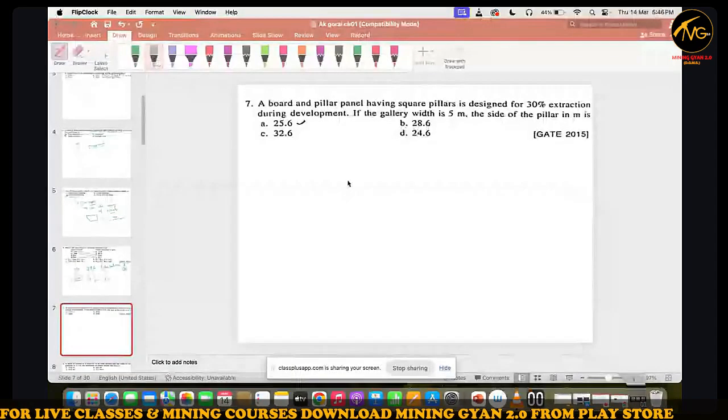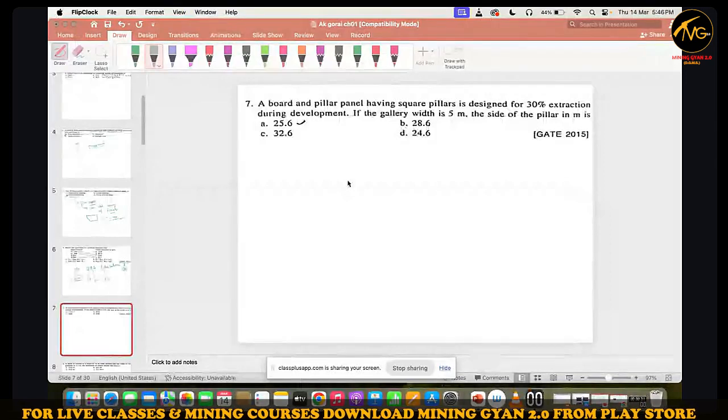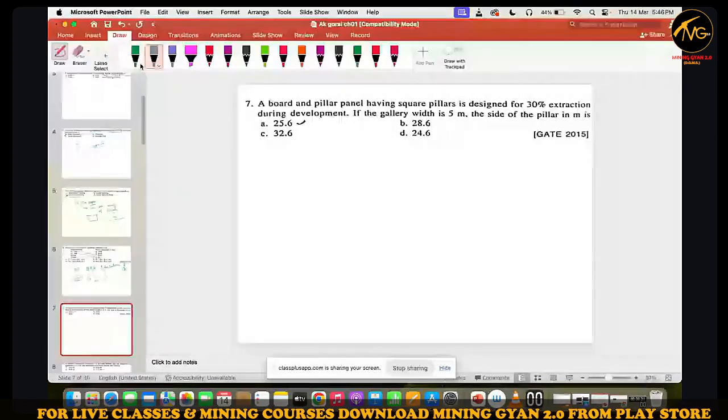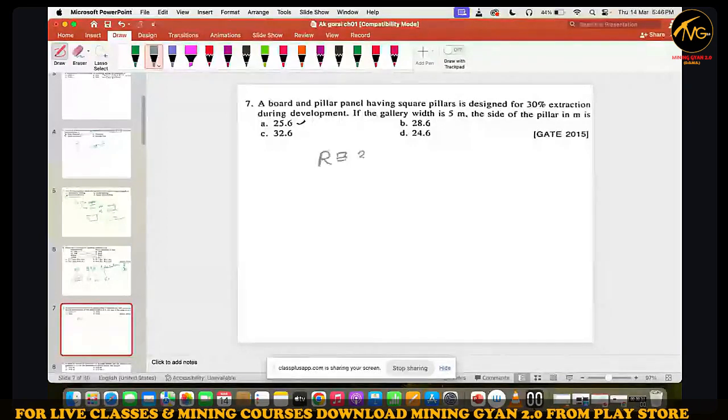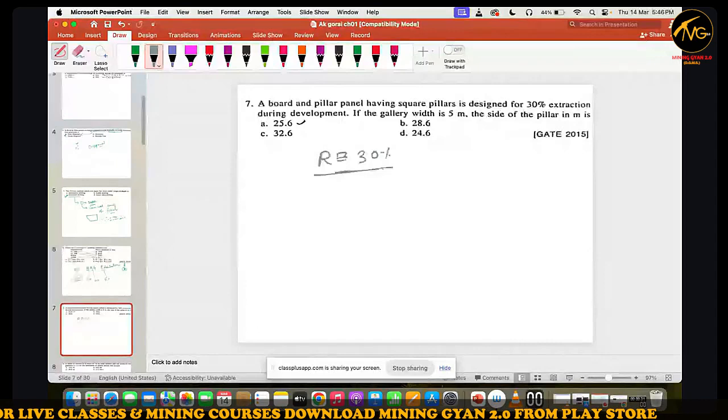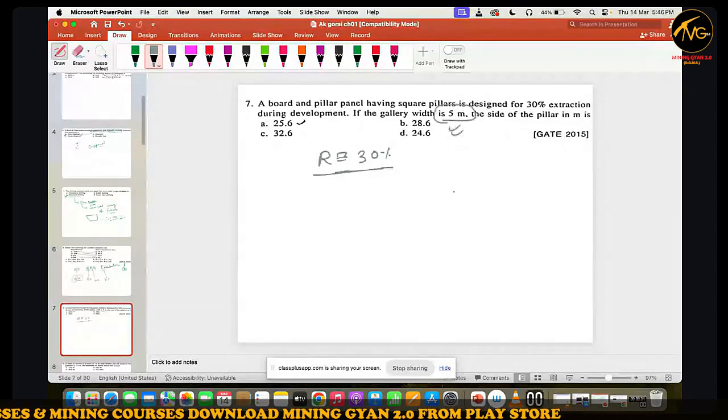In the board and pillar method, a square pillar is designed for 30% extraction during development. They have given us R as 30%. Then they have given us the width of the gallery.